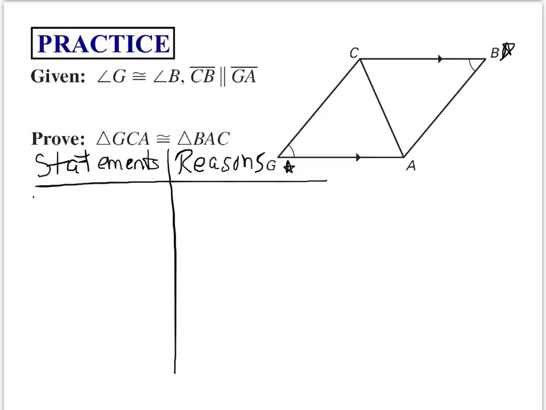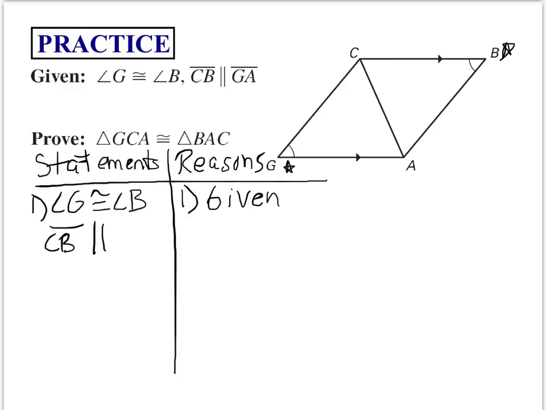So let's write that down in our proof. Our given: angle G is congruent to angle B, and that's given. And we also know that line CB is parallel to line GA. That's in our givens.